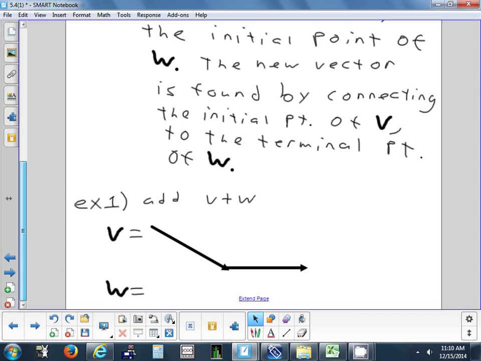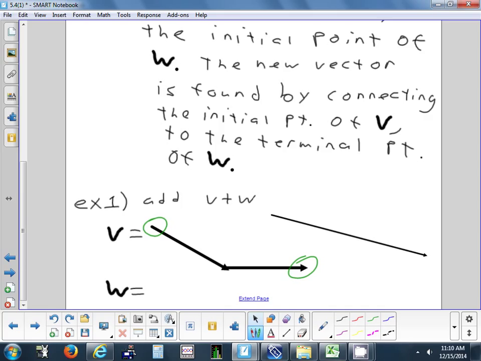The answer when you add v to w is found by connecting the starting point of v, the initial point, to the ending point of w, and that's it. Just connect those 2 points in the order that I wrote. Initial point of v to terminal point of w. And visually, that's the answer. That's vector v plus w.